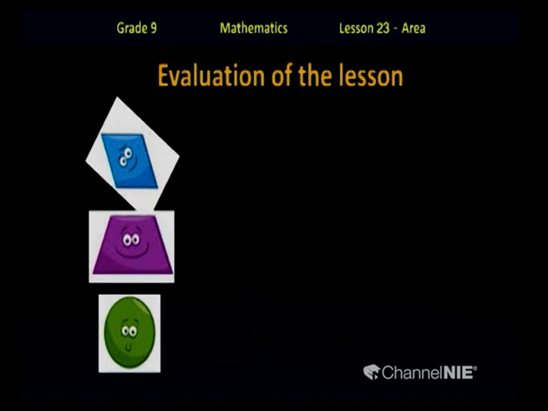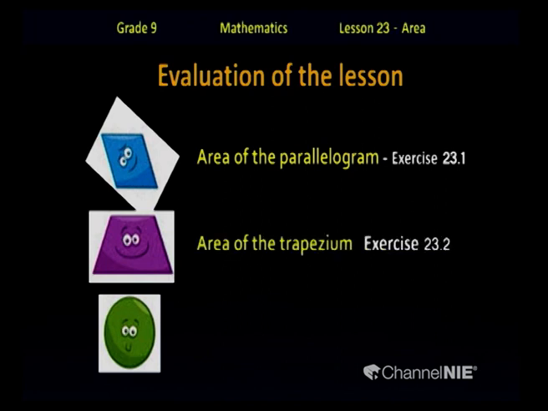Now, what is the evaluation? Dear students, you can complete your exercises. You have exercise 23.1 to find out the area of the parallelogram and exercise 23.2 to find out the area of the trapezium. Then you can apply your knowledge in exercise 23.3, using the area of the circle.